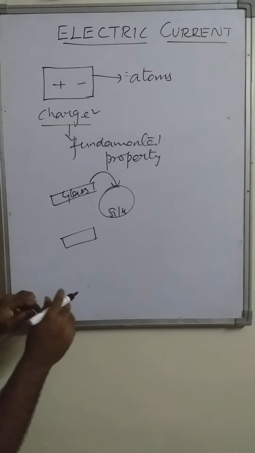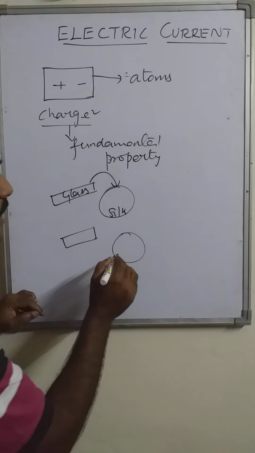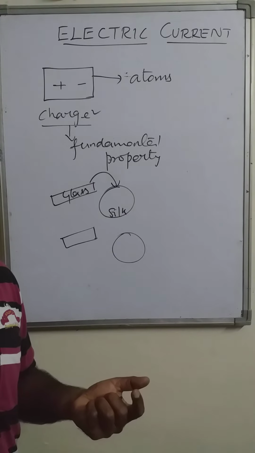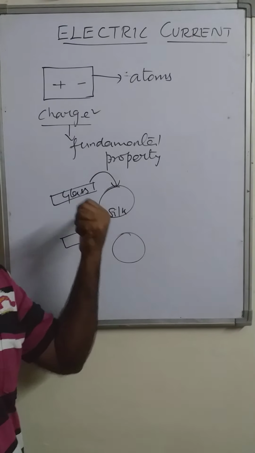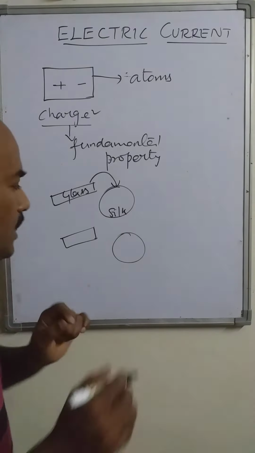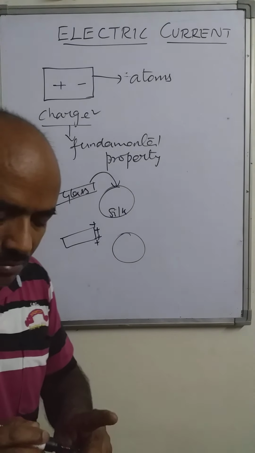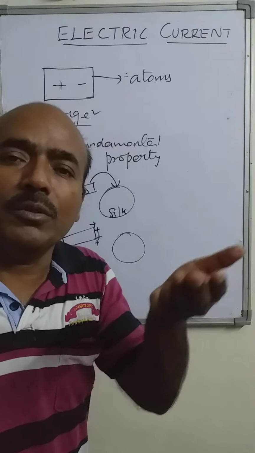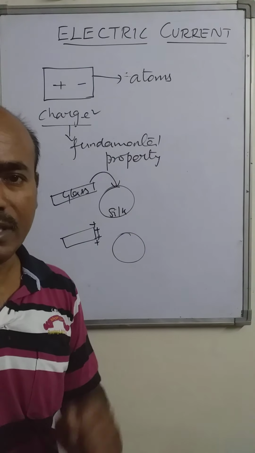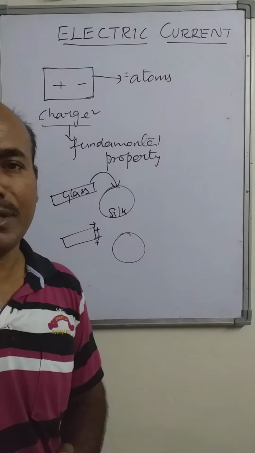Glass rod charge हो गया और silk cloth भी charge हो गया. Since the glass rod loses electron, it becomes positive. क्योंकि एक एटम में से एक इलेक्ट्रॉन निकाल दो वो पॉजिटिव आयन बन जाता है. ये पढ़ रखा है केमिस्ट्री में.